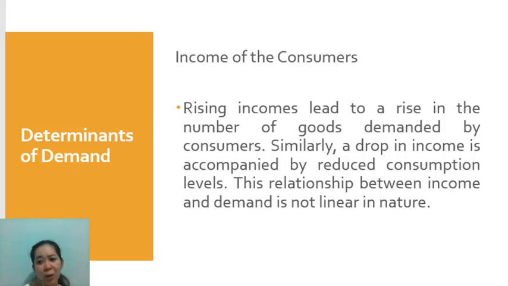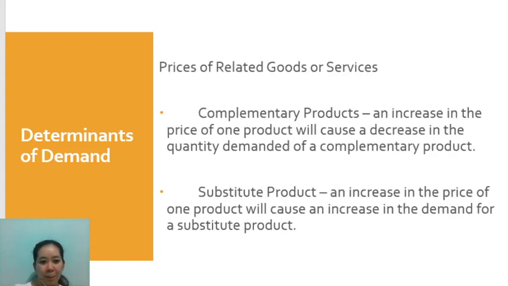This relationship between income and demand is actually not linear in nature, but we can expect that this is the normal effect on demand if their income rises or falls.